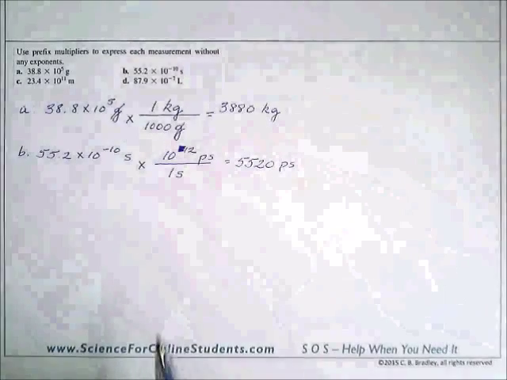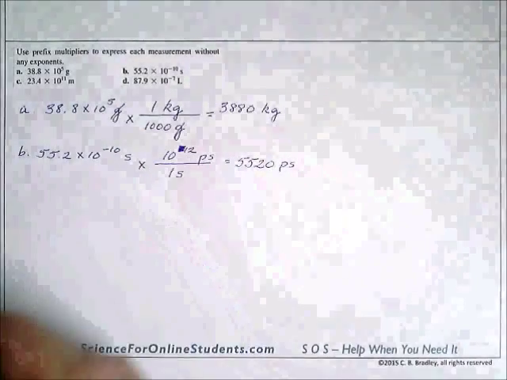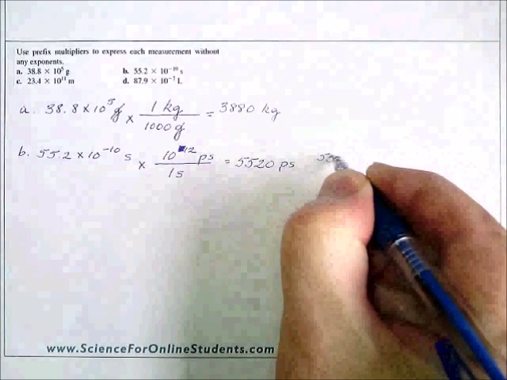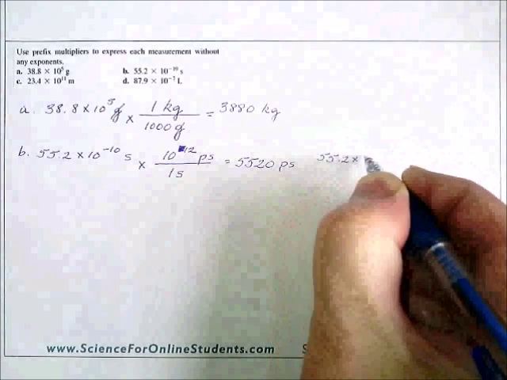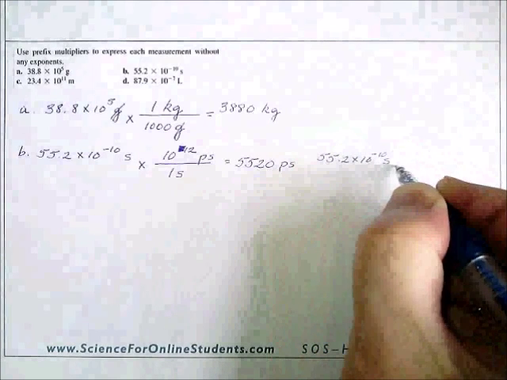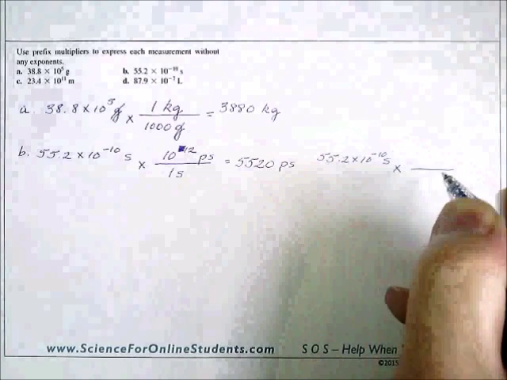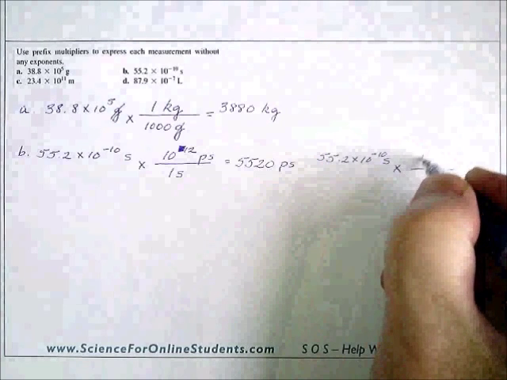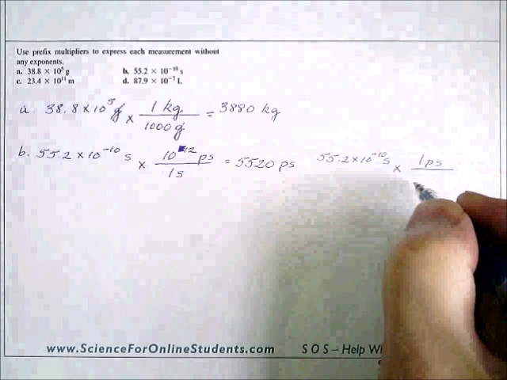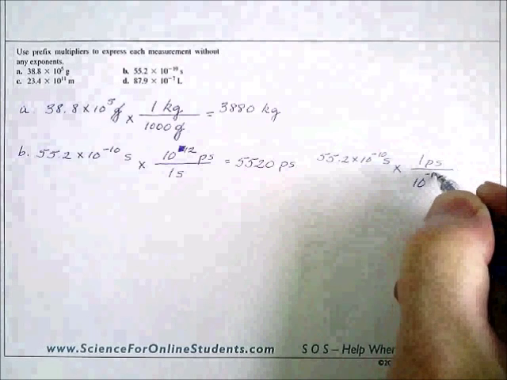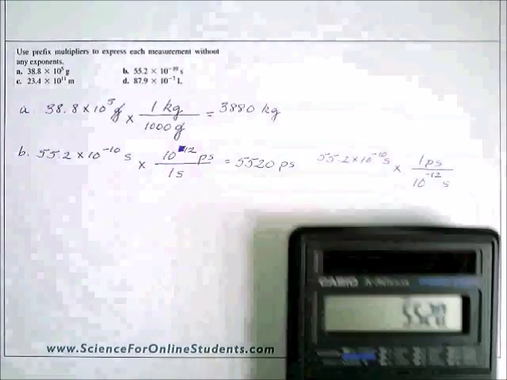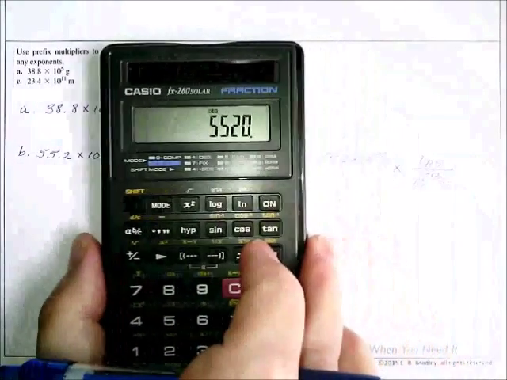picoseconds. We would get exactly the same thing if we did it this way. And we would say 1 picosecond is 10 to the minus 12 seconds. And you'll see we'll get exactly the same answer.